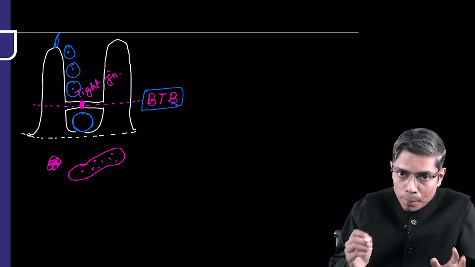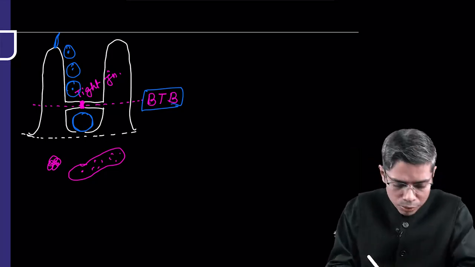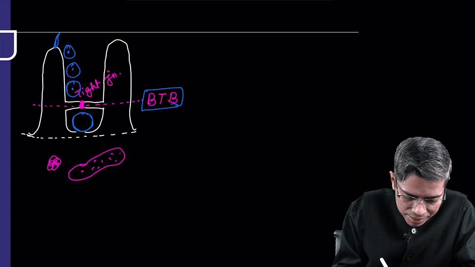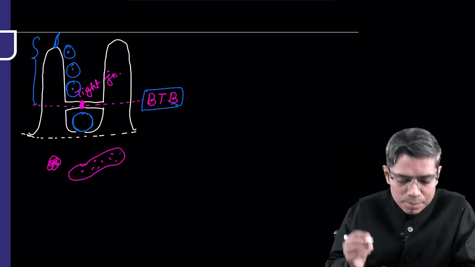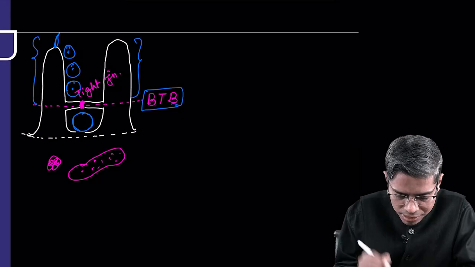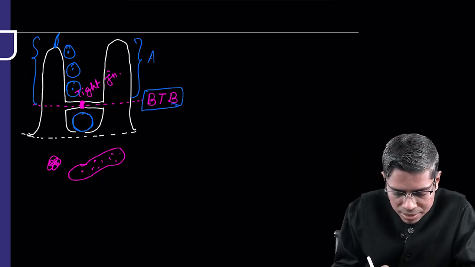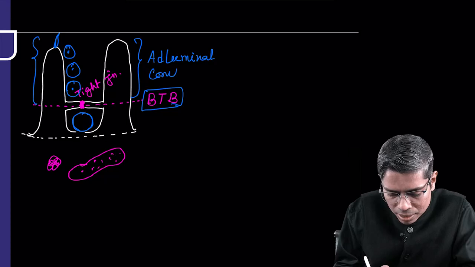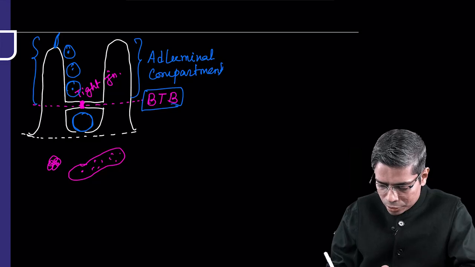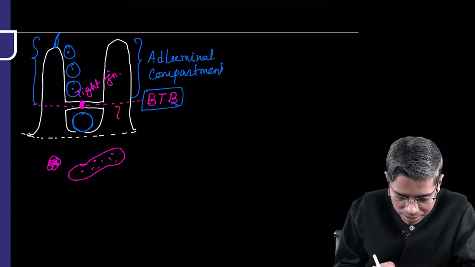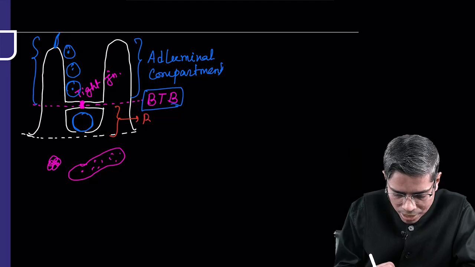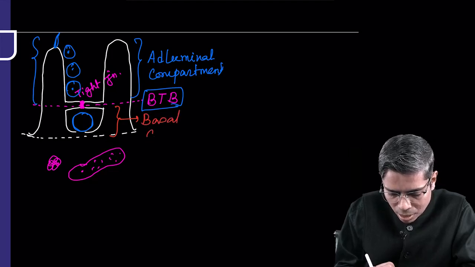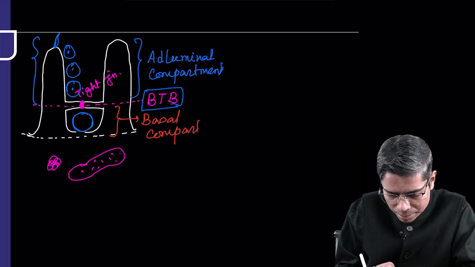Now the compartment which is inside this blood-testis barrier is known as the adluminal compartment. This is known as the adluminal compartment, right? And the compartment which is located outside this blood-testis barrier is known as the basal compartment, right?